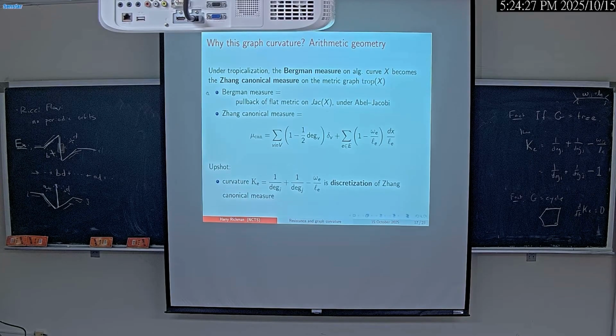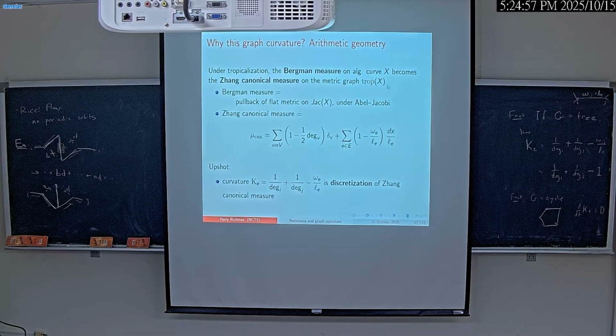This shows up in various places in the classical study of Riemann surfaces. But if we change from the complex numbers completion to a p-adic completion instead, the relevant analogous measure is known as the Zhang canonical measure.